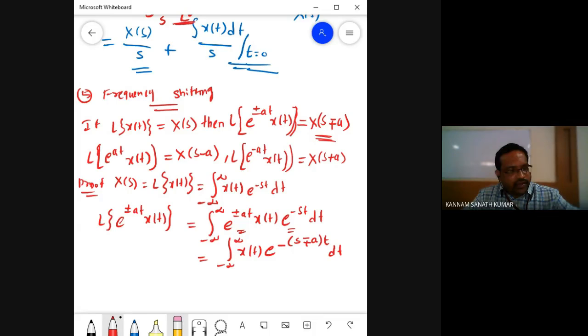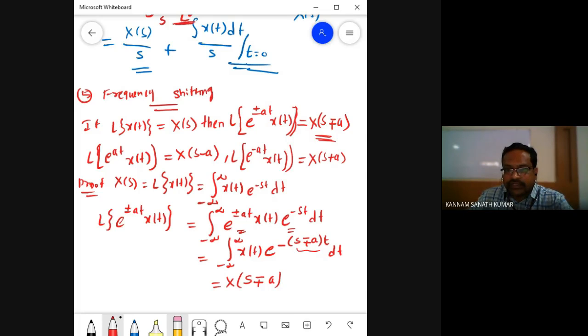Here plus or minus is there, so it becomes opposite: minus plus a into t. So this you can write, in place of s in the basic formula, you have s minus plus a, so that means x of s minus plus a.